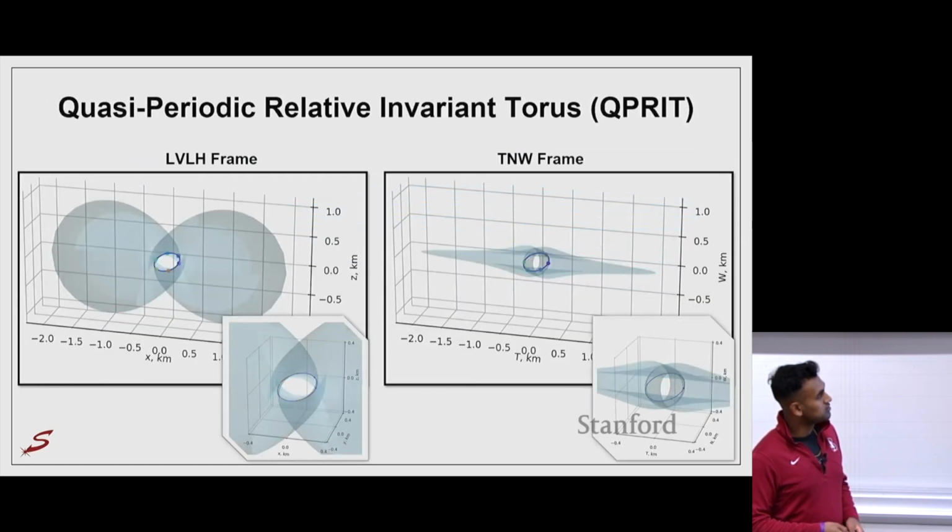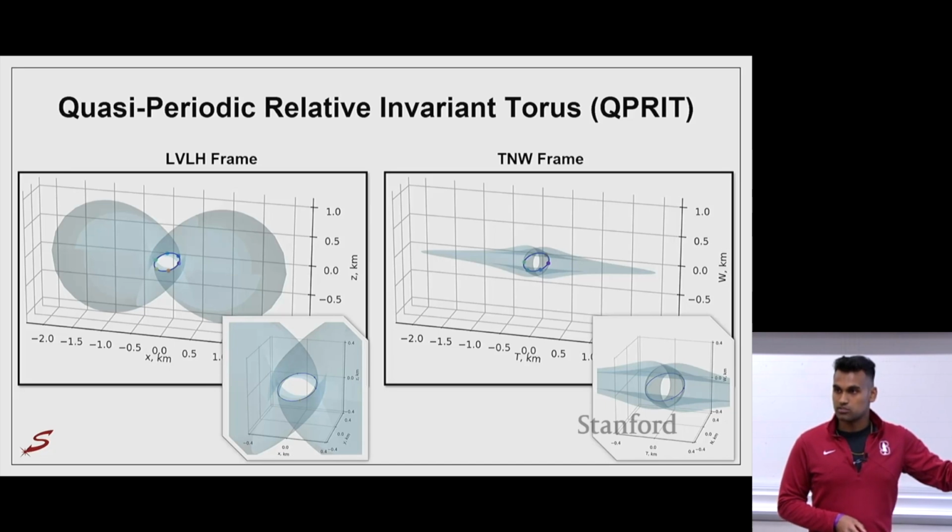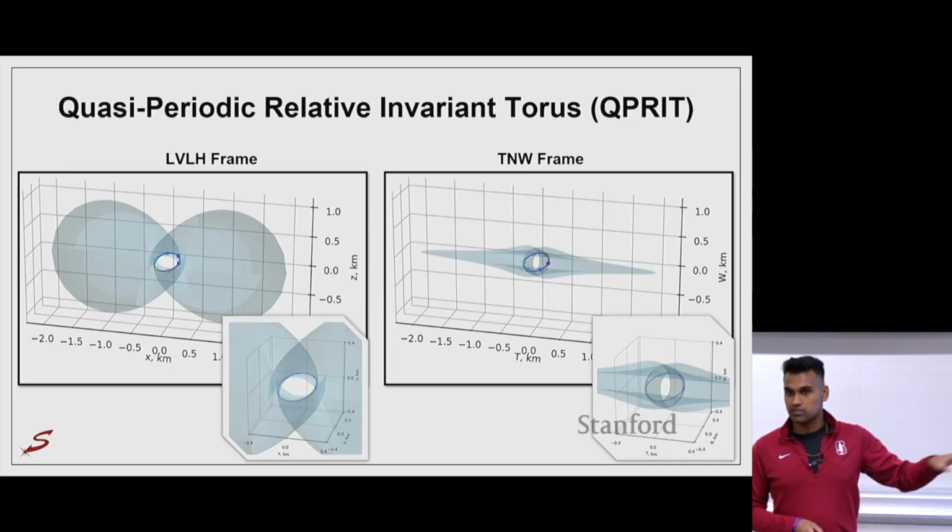And here we have those tori that we talked about before, and we saw the picture in the synodic frame. We can actually visualize them in the local frame as well, now that we have this definition of the dynamics.